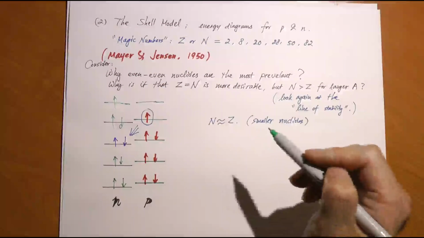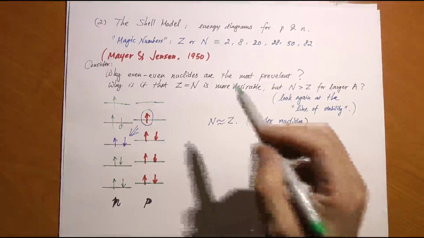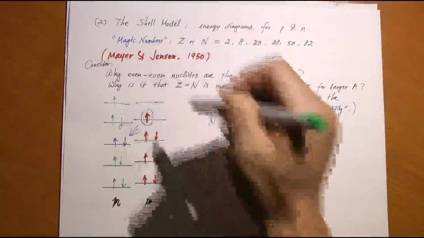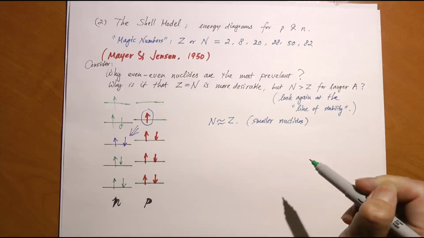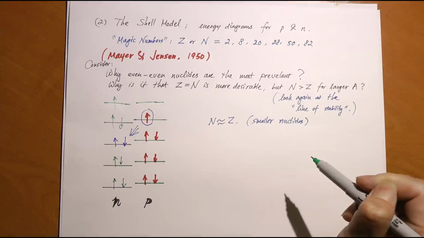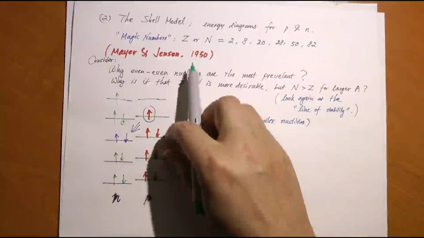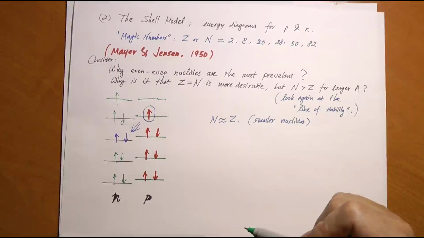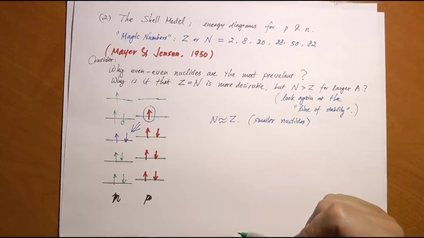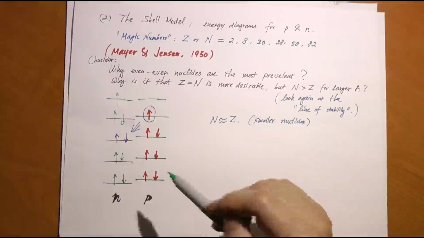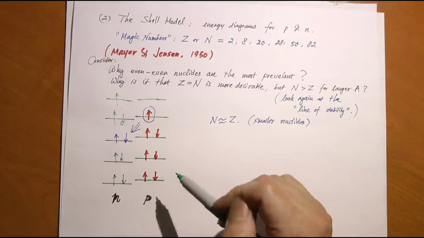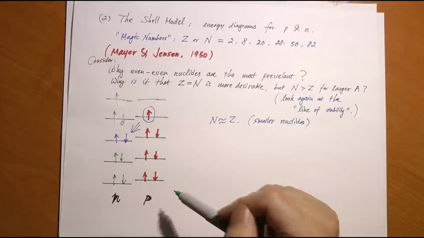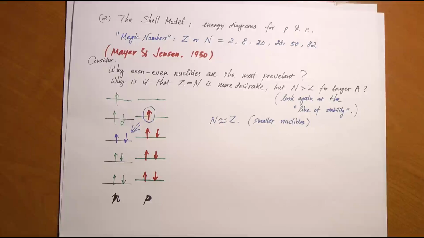You still gain an overall energy advantage because the proton energy levels get pushed so high by the electromagnetic interaction. The energy gap becomes significantly wider on the proton side than the neutron side. So overall, it would pay to have more neutrons than you have protons to reduce the destabilizing effect of the Coulomb interaction between so many pairs of protons. That's a qualitative understanding of the line of stability.